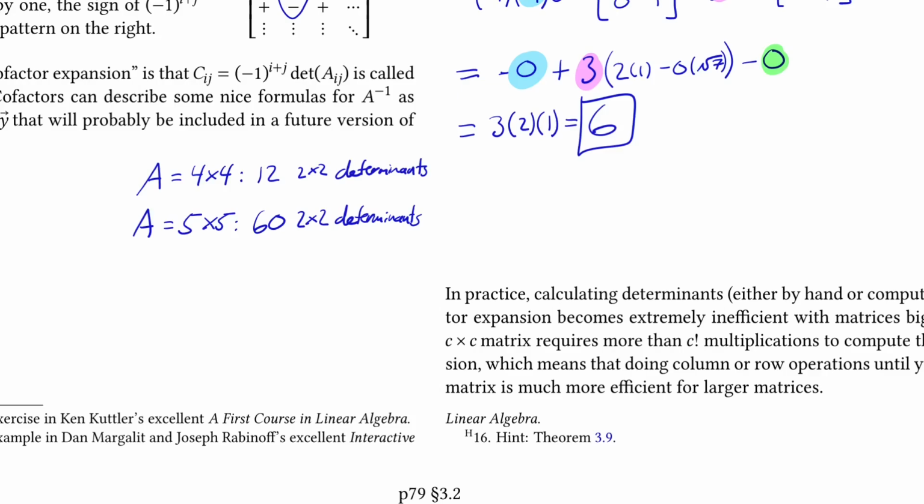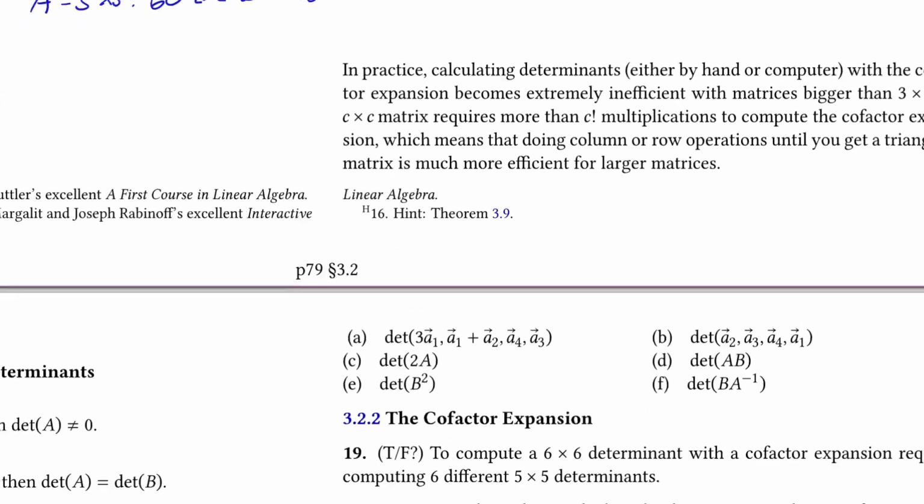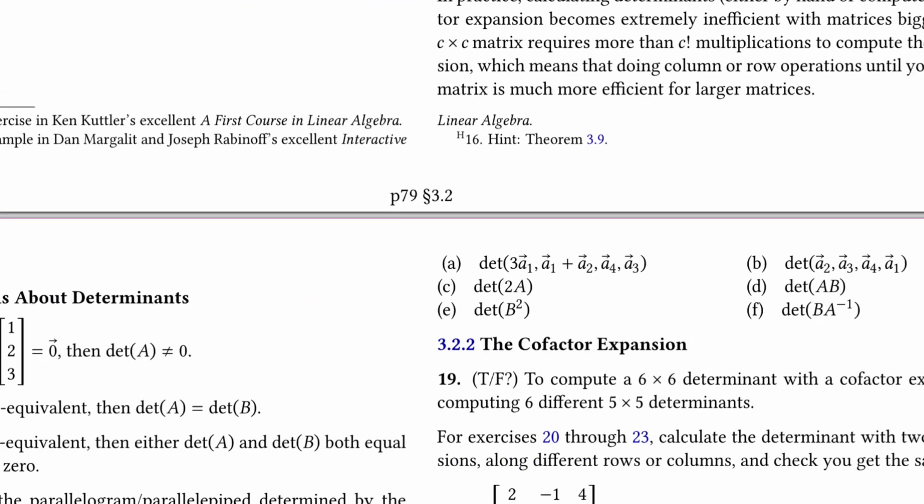AI involves a bunch of linear algebra, and linear algebra is basically what GPUs are really good at doing, like multiplying a bunch of vectors by numbers and combining them together. So it is important to have good algorithms to do things like determinants. Having n factorial multiplications is not really tractable.